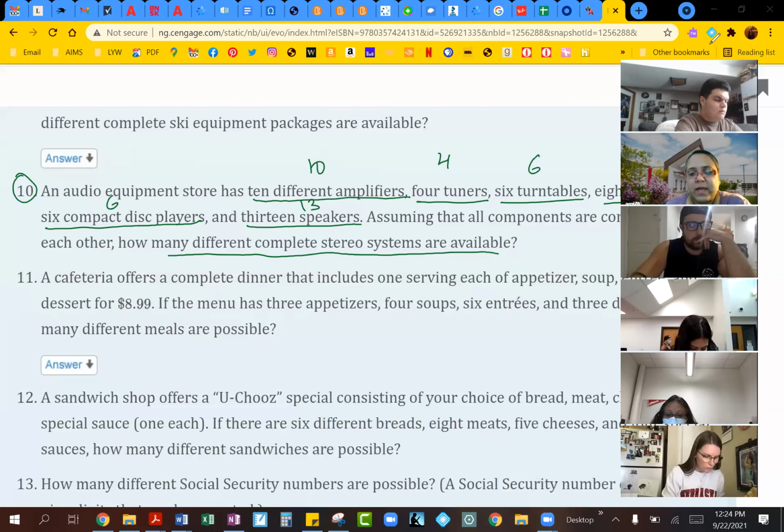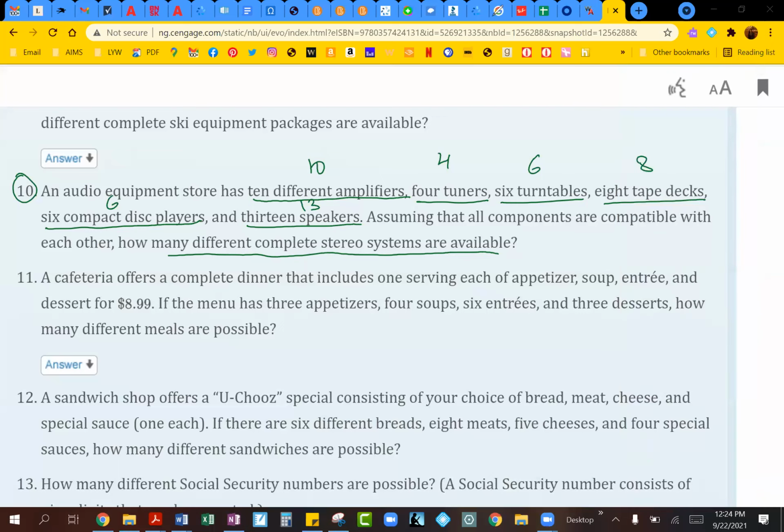Okay, so just get your answer ready. Couple more seconds. Okay, go ahead, send your answers in, guys.